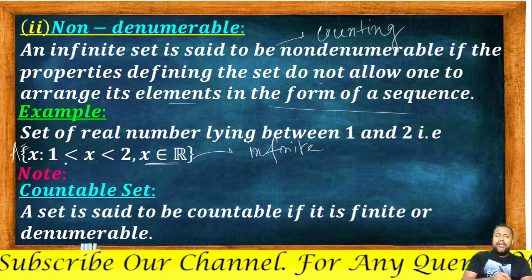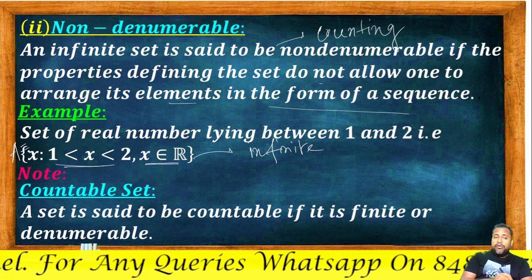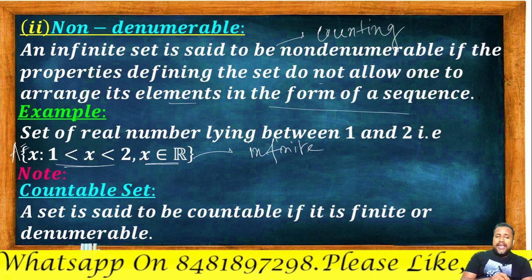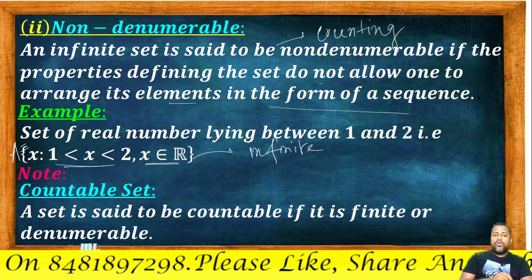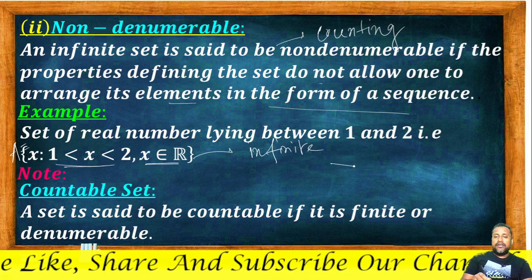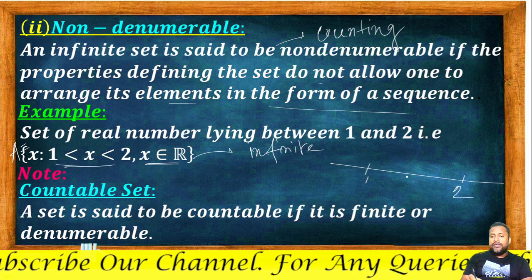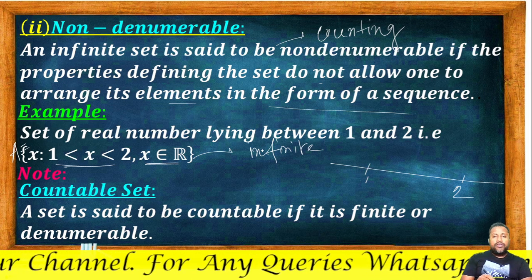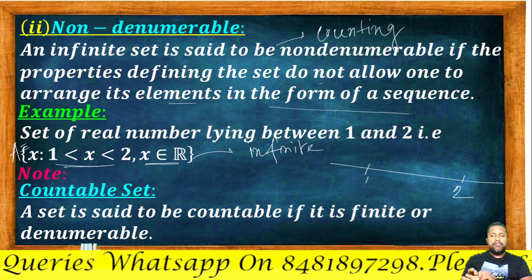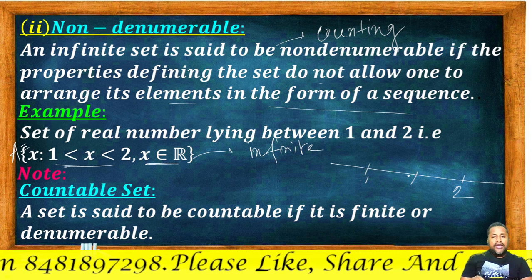There are an infinite number of elements in this set A. Now can anyone count the elements of this set? No. Since between two real numbers, see here 1 and 2 both are real numbers, and we know the standard property of real numbers that between any two real numbers there are infinitely many real numbers. So we cannot count the elements of this set.